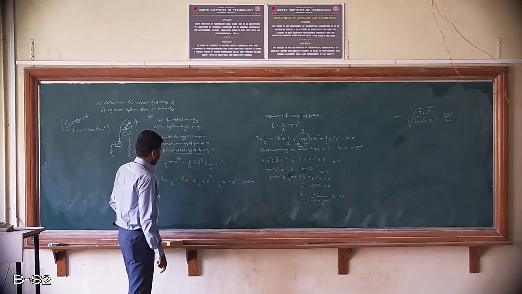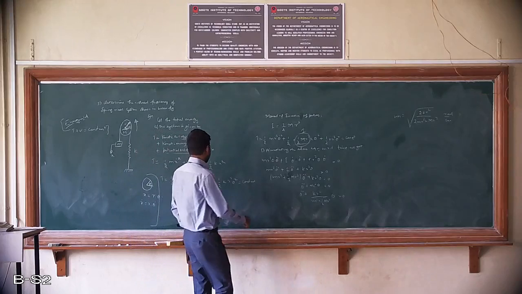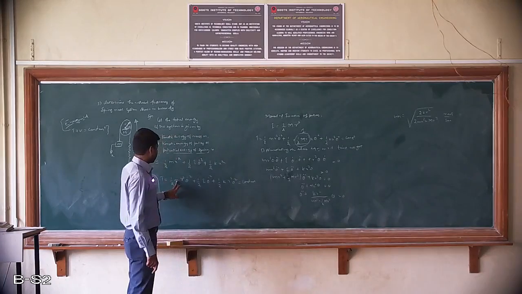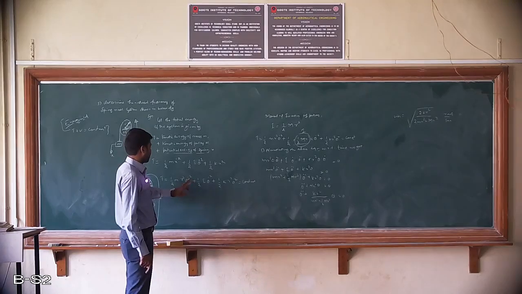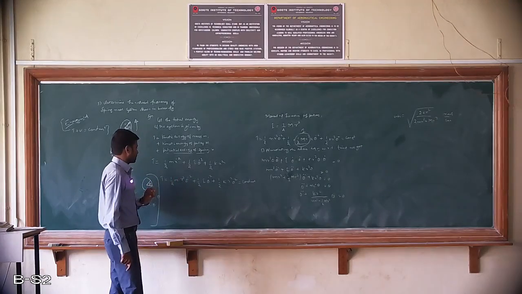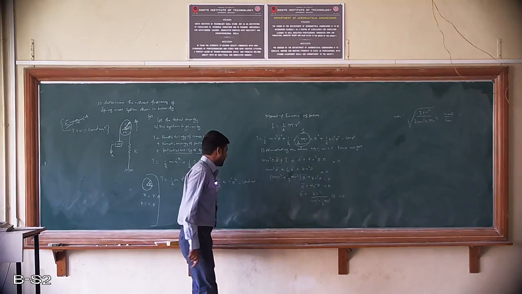I am not going to substitute it now, and I am going to differentiate this equation with respect to time. So what do I get? Half into m into r square into 2 into theta dot into theta double dot. The 2 and 2 cancel, so the remaining is m r square theta dot into theta double dot.